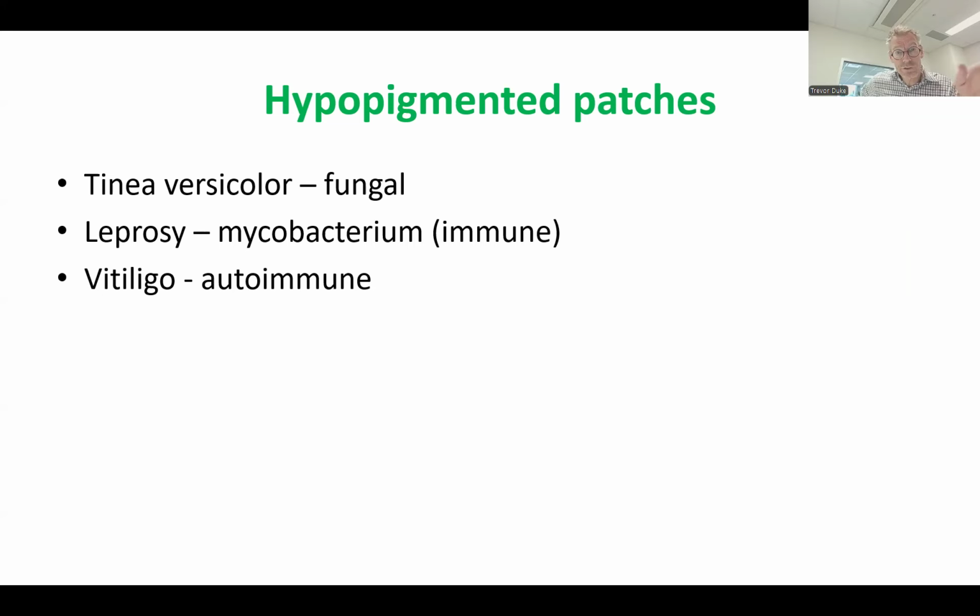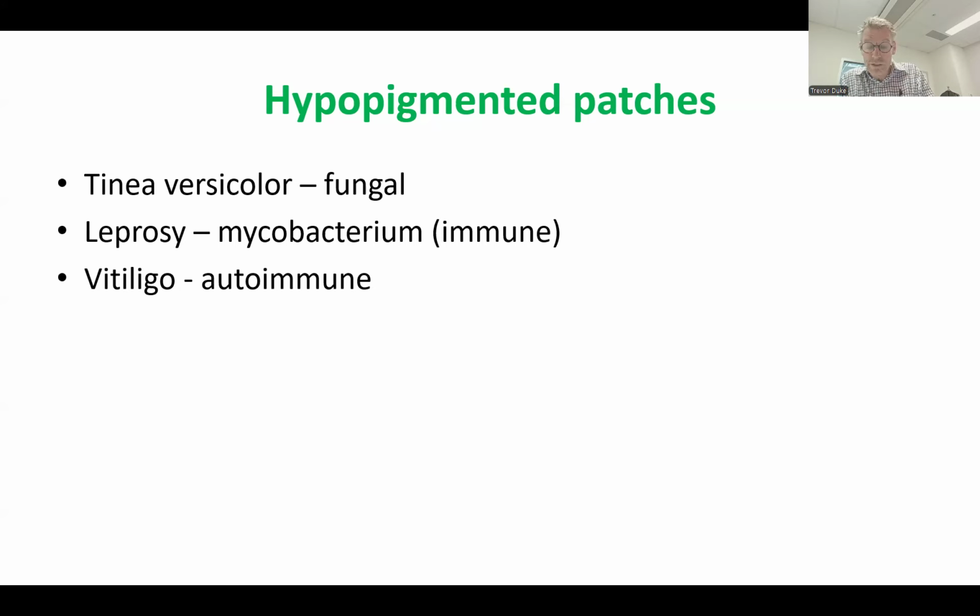The first one is tinea versicolor, which is probably the most common cause of hypopigmented patches that we see, and that's a fungal infection. It's like a tinea skin infection. The second one is leprosy, and even though it can look the same, you can make the distinction just by clinical features, and I'll explain how that's done.